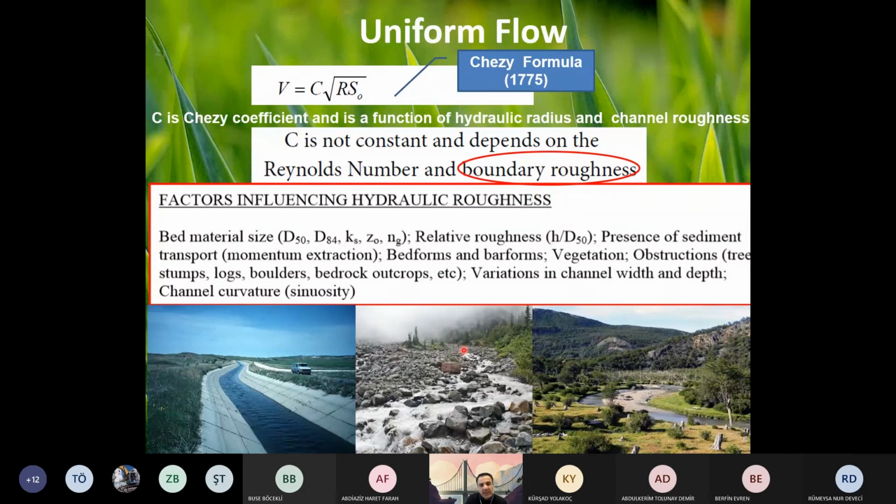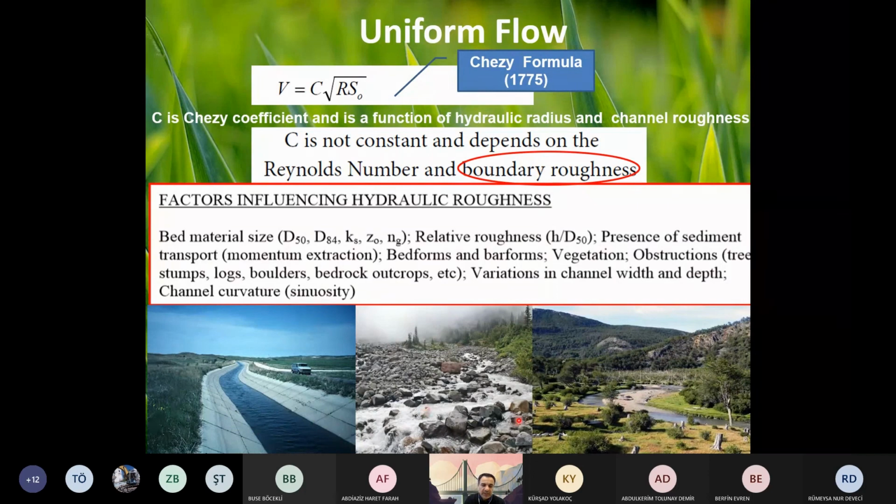So let's talk about boundary roughness. These figures show you different kinds of possible roughness. You see here roughness should be lower than roughness of here and even here.